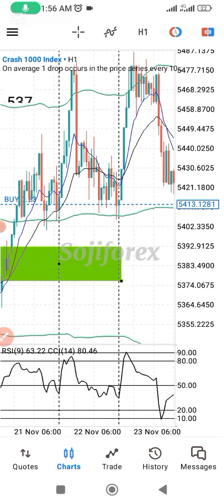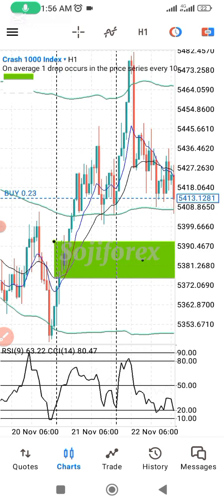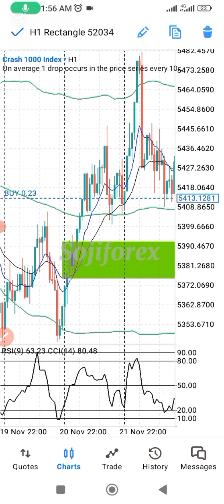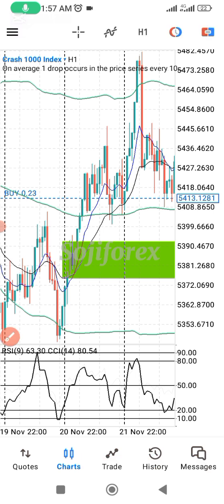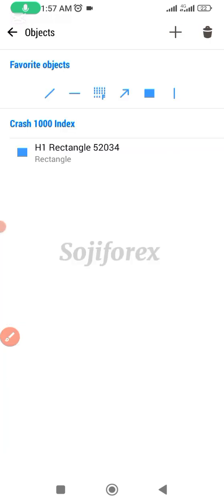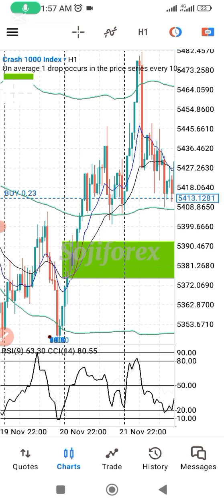I was hoping that price would return into it, but unfortunately price did not return into my smart money cube. Price came to this level and it went to the upside. So I did not make an entry, and the reason was because price did not move to my discount zone, so I let it slide.